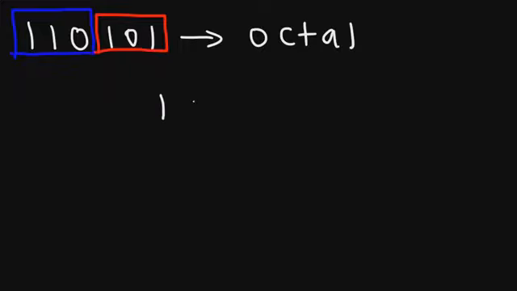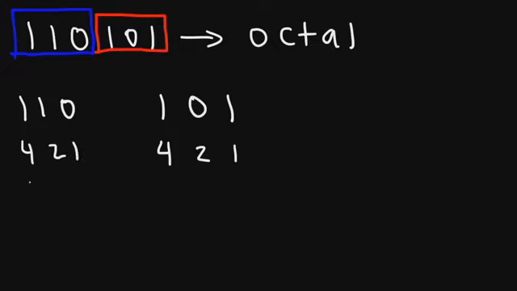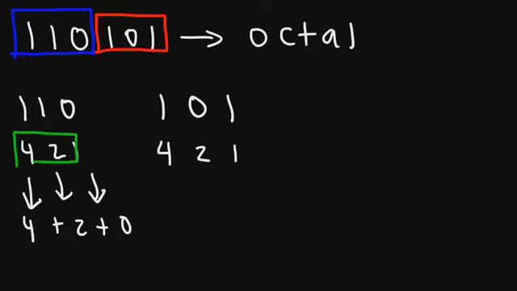So the first group of 3, we have 101, and the second one is 110. Now the first number has the value of 1, the second number we need to multiply by 2, and the third by 4. So 1 times 4 is 4, 1 times 2 is 2, 0 times 1 is 0. So all we're going to do is just add the 4 and the 2, and so that's going to give us 6.